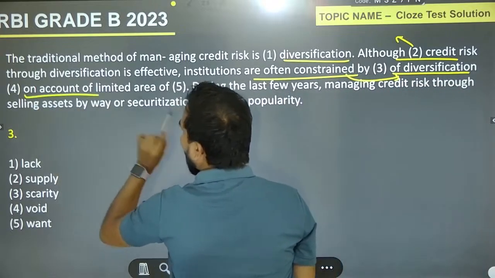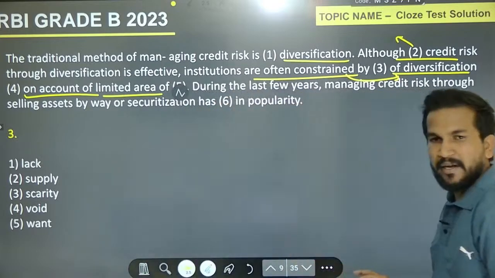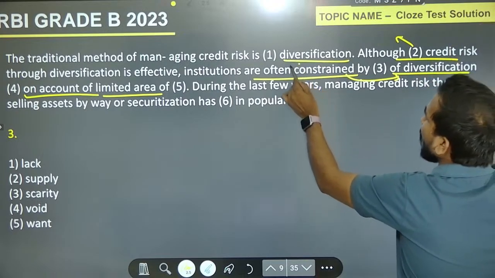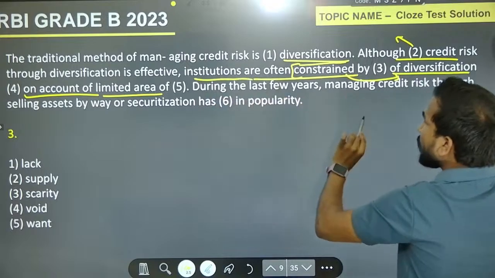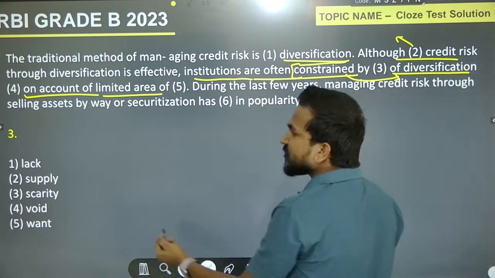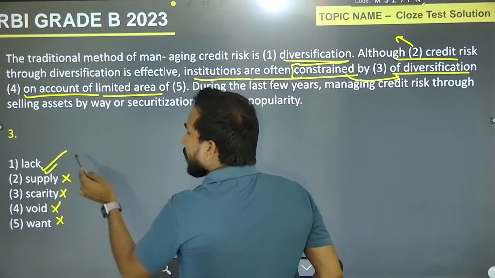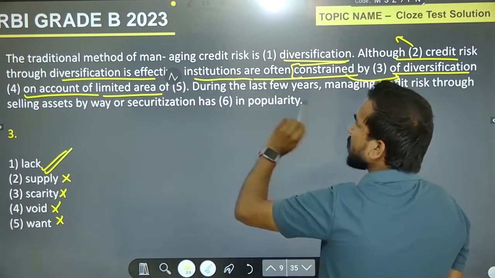We are talking about on account of limited area of something. So here what we are talking about? We are talking about constraint. Institutions are often constrained by lack of diversification, supply, scarcity, void, or want. It must be what we are having, the effect of diversification.